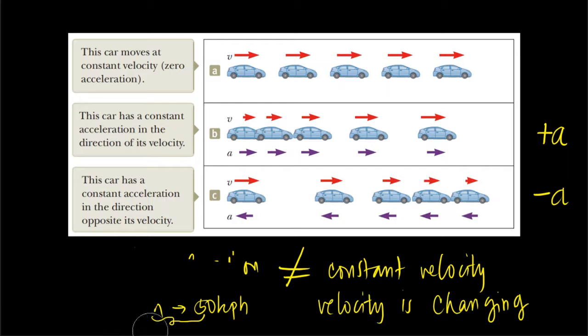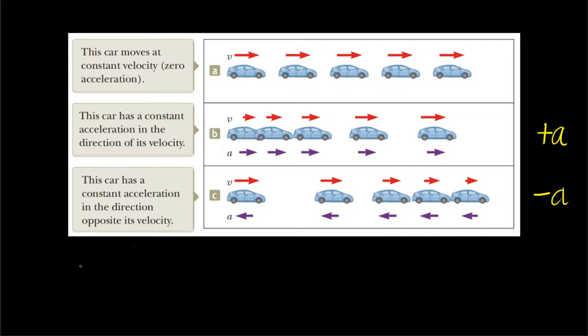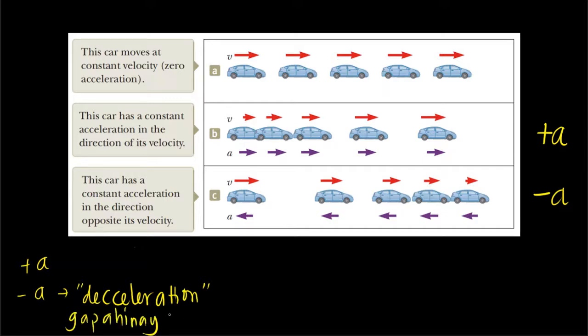So, indi ka mag-kabalaka nga may negative ka nga mga value kay ang acceleration naton vector. Kung negative na gani ang acceleration naton, so, plus a, negative a, mayara kita sa term nga ginatawag deceleration. So, gapahinay na siya. Gapahinay or gintapakan mo na ang brake. So, naka-brake na siya.